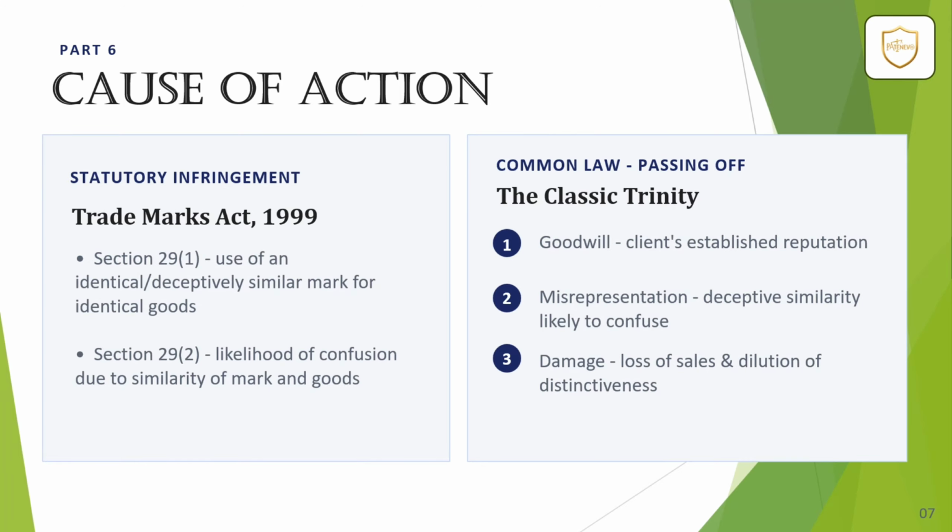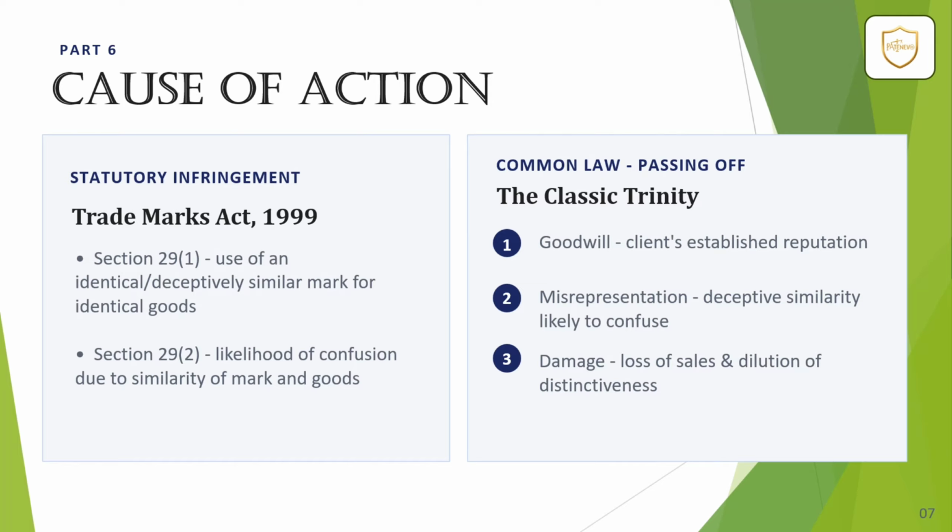So part six of our skeleton, the cause of action. This is where you tell the reader, and eventually the judge, exactly what law supports your client's position. You never assume it's obvious, so you have to state it. For a trademark matter, you are pleading two things together. First is statutory infringement under Section 29 of the Trademark Act.